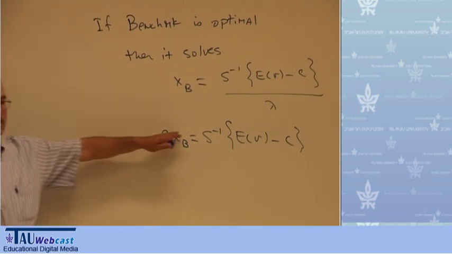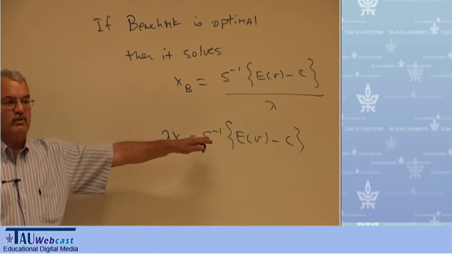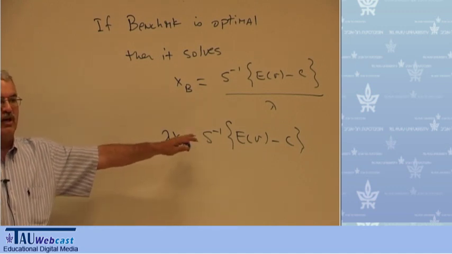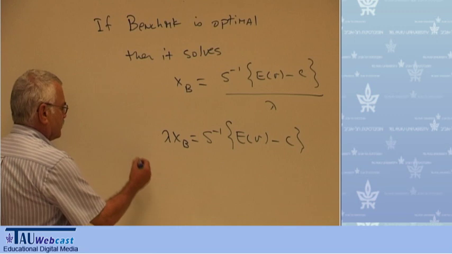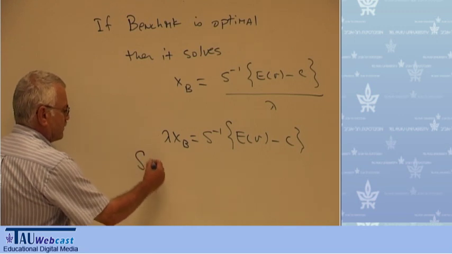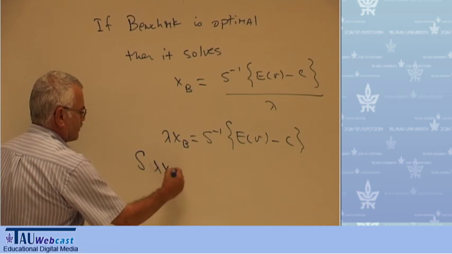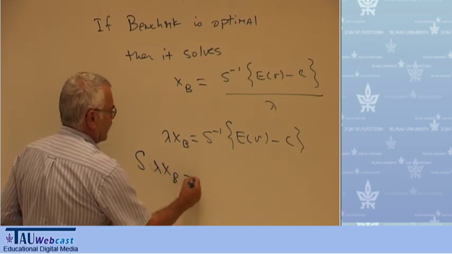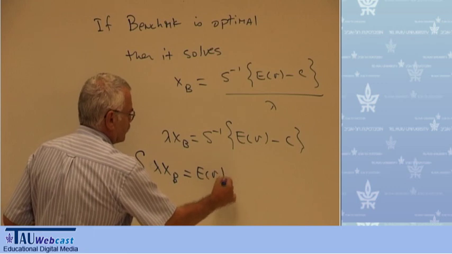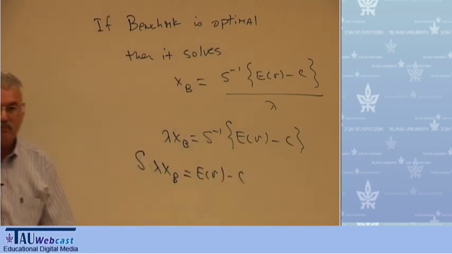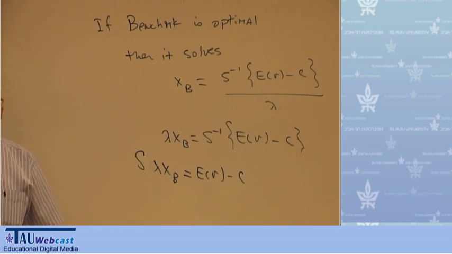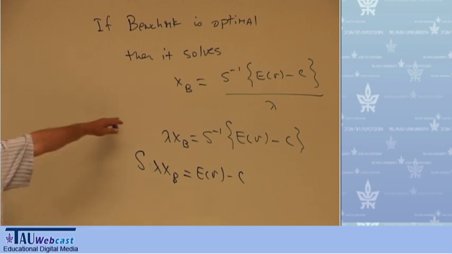And then you have to get rid of this S inverse, so you multiply both sides by S, so you get S times lambda xb equals the expected returns minus C. And then you add C to both sides of the equation, and you take out the lambda.